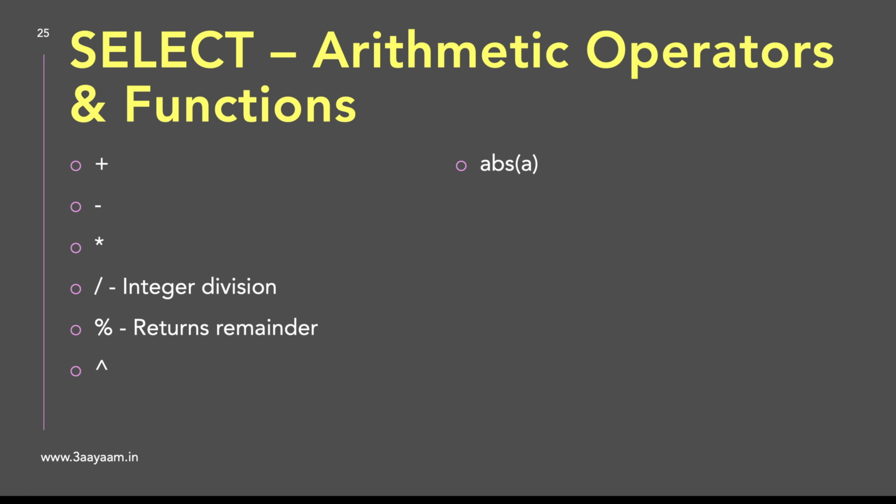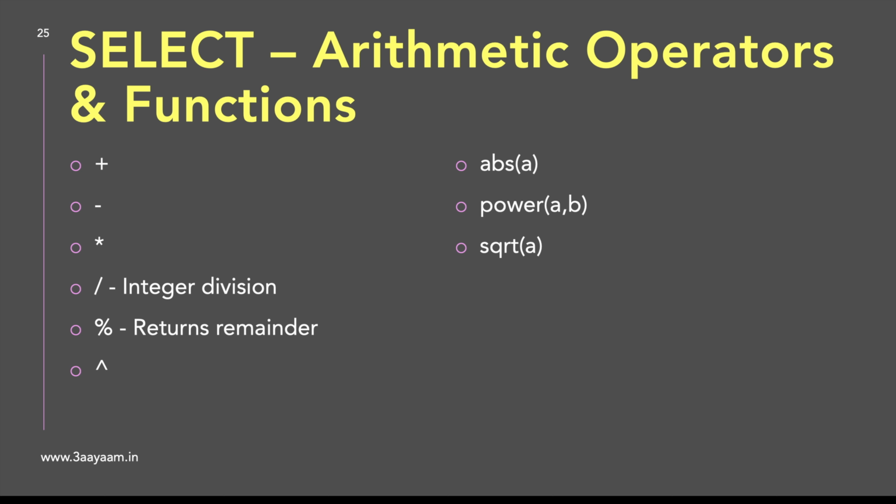And there are functions like getting the absolute value, or do a power calculation. For example, 2 to the power 3, then we'll mention power 2 comma 3. Find out a square root of a value, etc. And these are typically used by data analysts. These can be used maybe by machine learning engineers also, wherein they want to create a mathematical model based on the data that is there in a particular table.